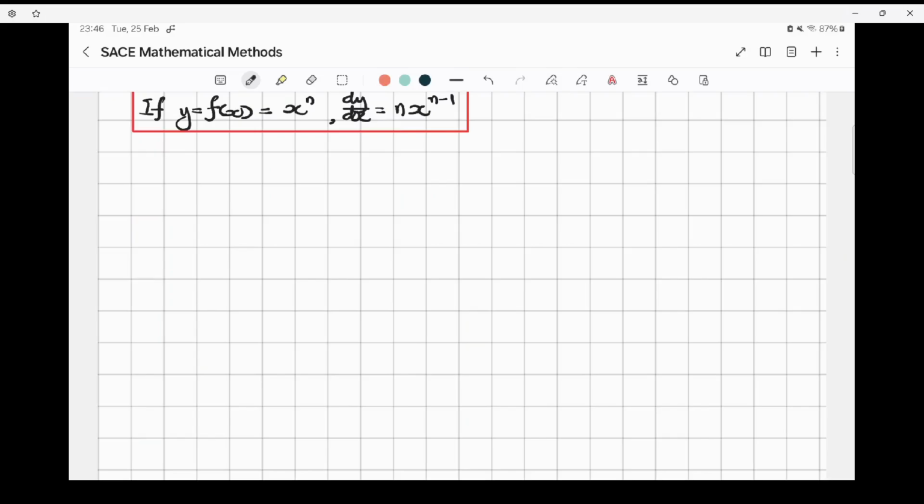And then for exponential function, it's possible to derive it using first principle. But for logarithm, I also need to introduce another differentiation rule, and that particular differentiation rule is not covered in the SACE syllabus.